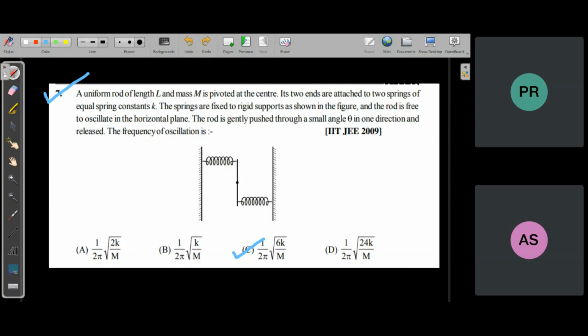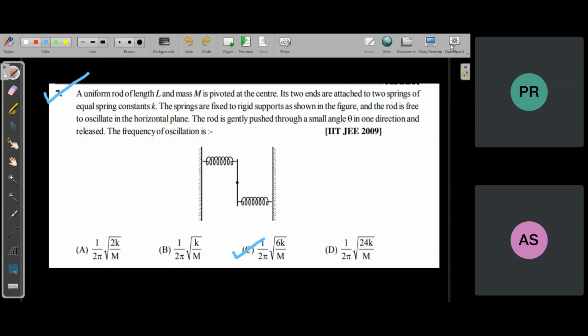Moment of inertia you have taken about which axis? About that point, sir, which is the dot mark we can say.